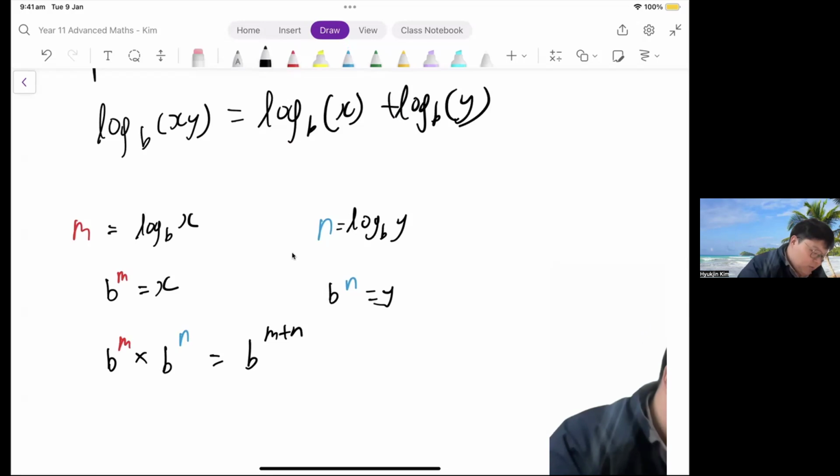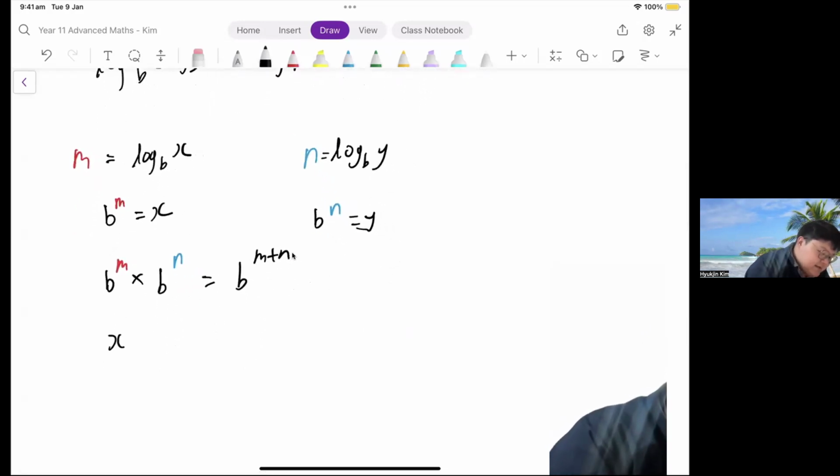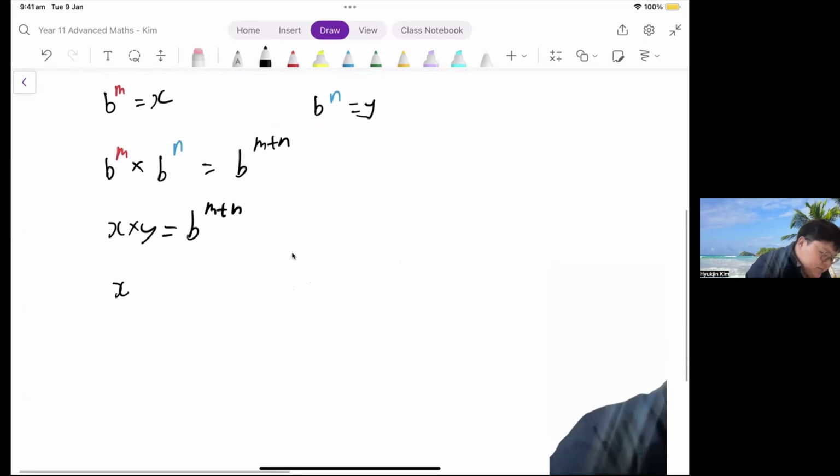Yes? Once I have that, this is the same as saying x times y equals b to the power of m plus n. Okay? Once we use BAP, this becomes log base b of xy equals m plus n.